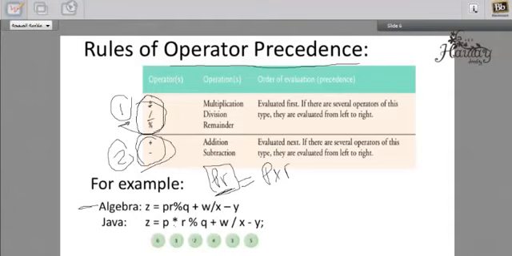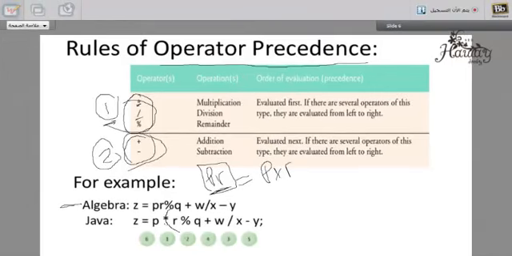For example, like this, if we have this bracket, and we have this bracket, something like that. What do we do?